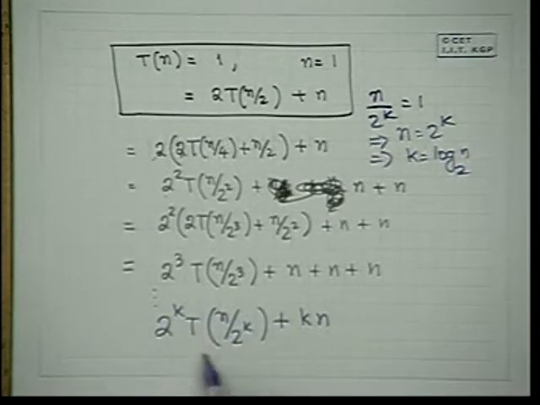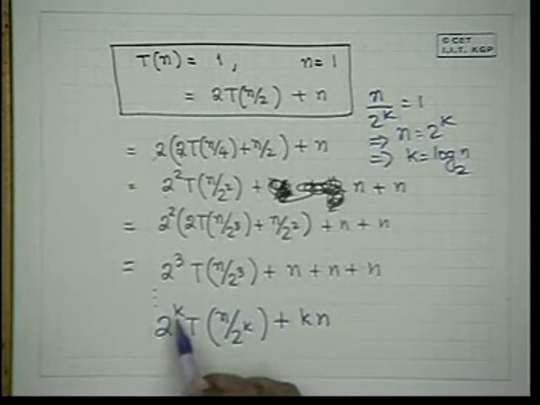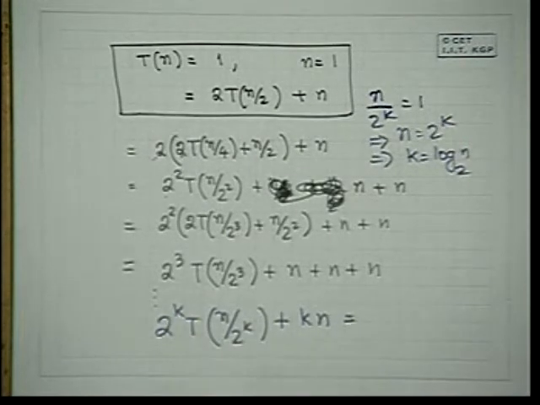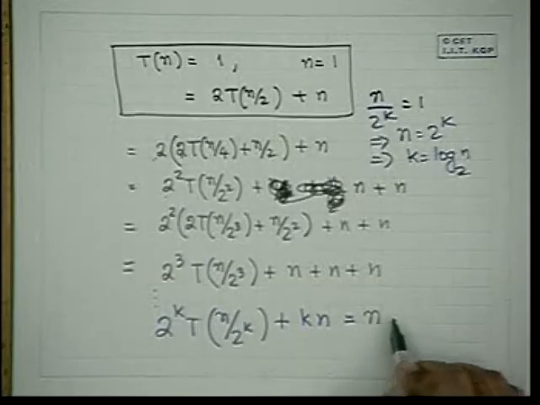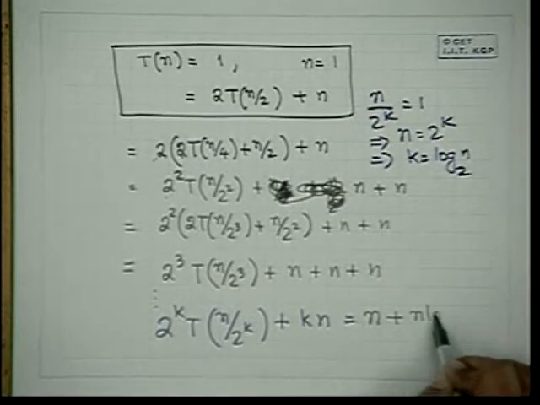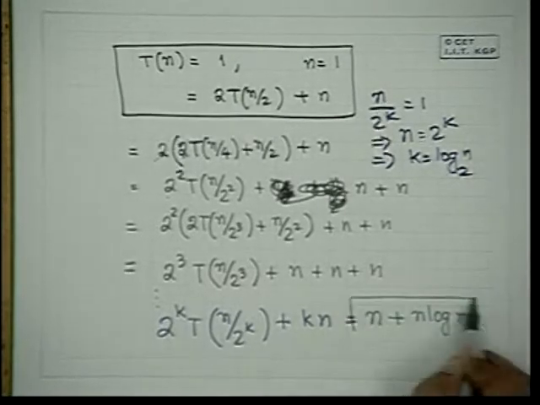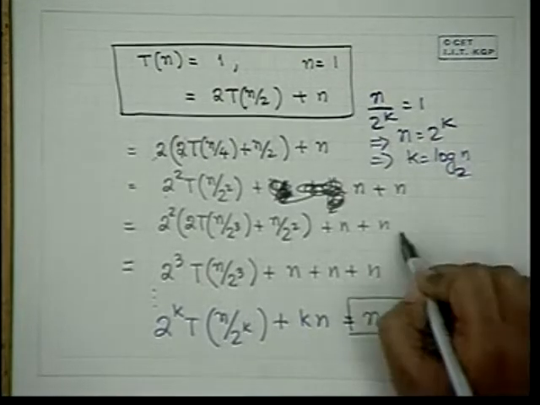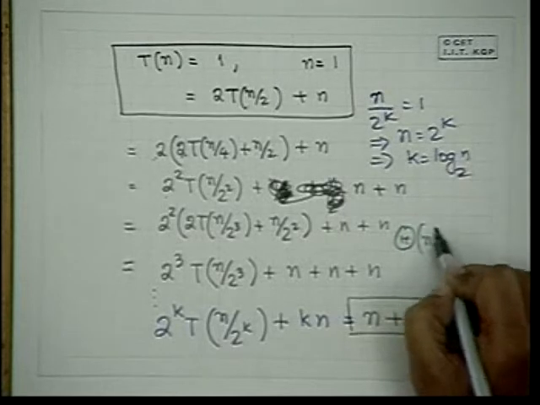At that point of time, this is 1, 2 to the k is n, so this becomes n into 1 plus n log n. Which makes it order n log n.